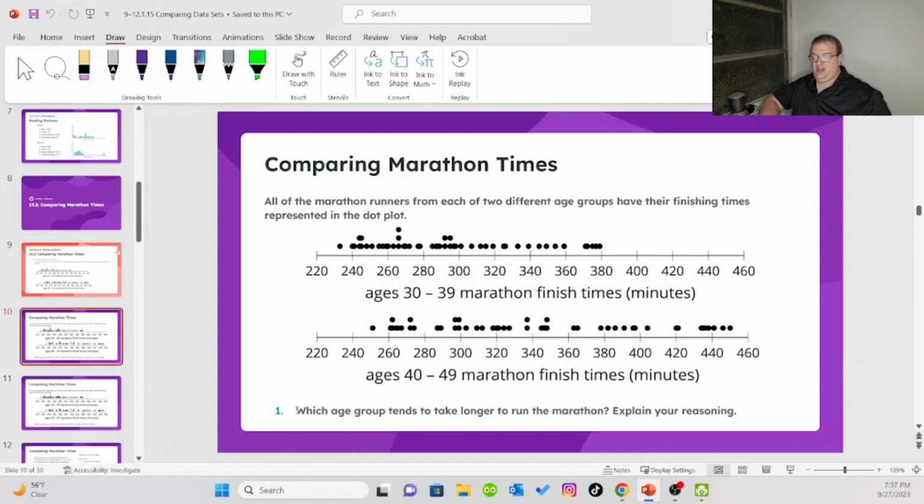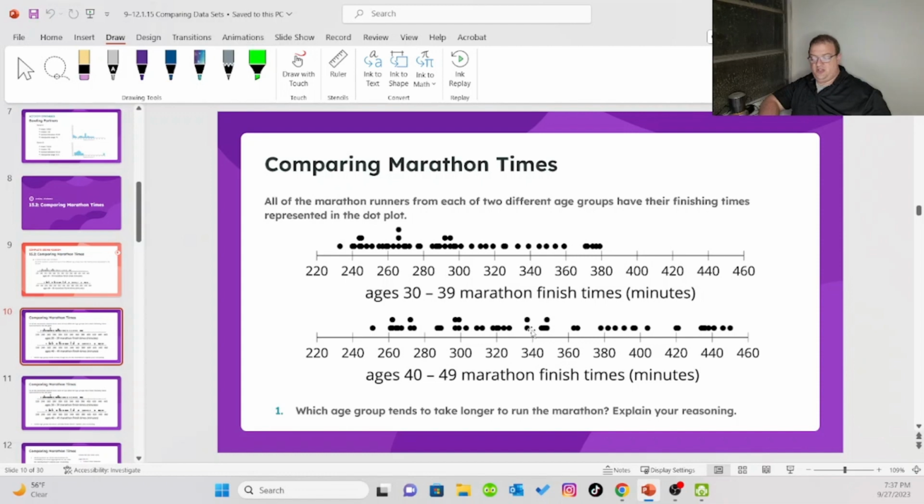And explain your reasoning. So anytime we want to say which group tends to take longer, we're looking for a measure of center. So if we want to look at the measure of center here, we expect this measure of center to be somewhere around in here. And if I look here, my measure of center is probably somewhere around here.